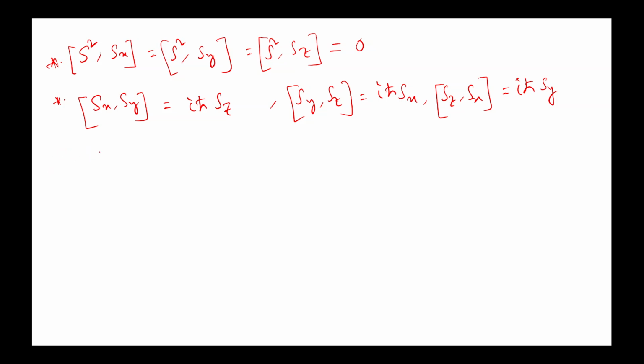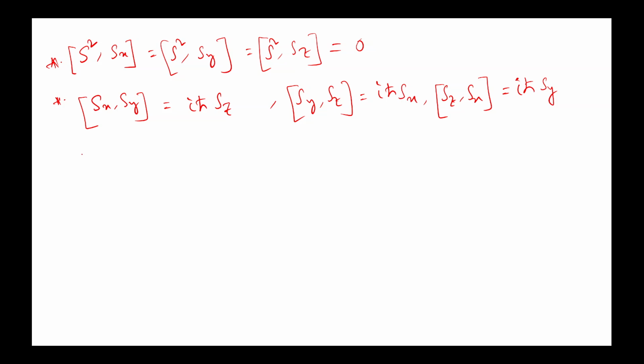Now, what is our goal? You can see this S square and Sz commute, so they have the same eigenfunctions. However, Sz and Sx or Sz and Sy do not commute, so they are not going to be diagonal in that basis. So how do we find out the operator form?